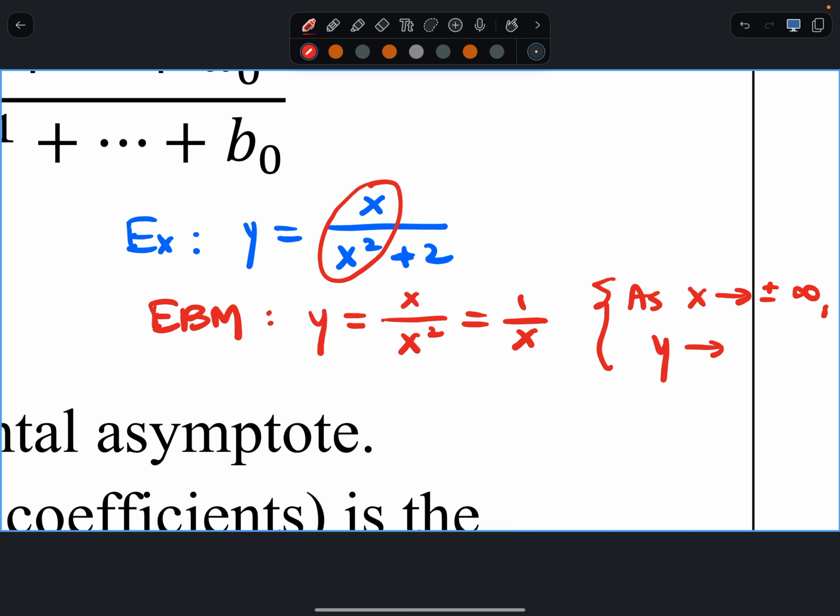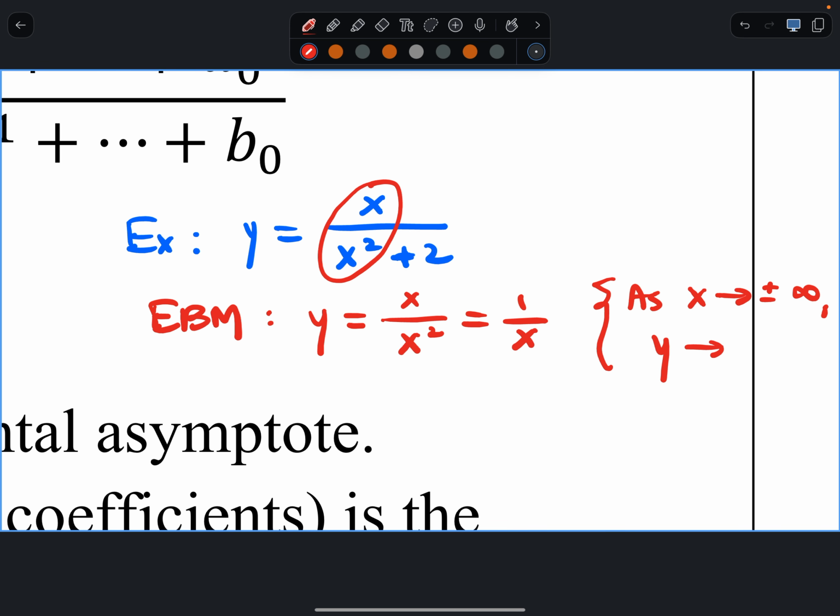If you were plugging in large numbers, 1 over 1,000, 1 over 10,000, 1 over 100,000, 1 over a million, 1 over a billion. 0. Those values are getting smaller and smaller and smaller, right?